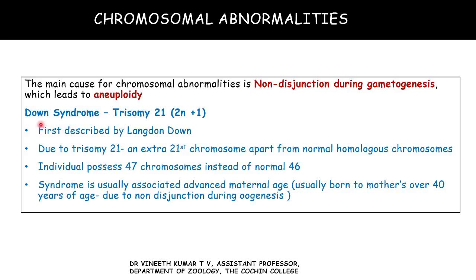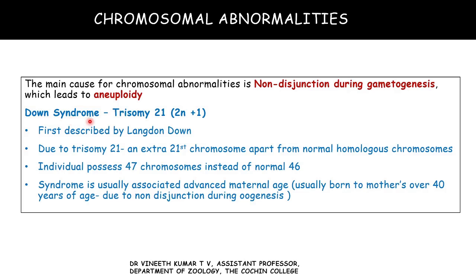So this Down syndrome is due to trisomy 21, and that is due to non-disjunction. There is also another Down syndrome which is not due to trisomy but due to translocation, called Robertsonian Down syndrome or Robertsonian translocation.